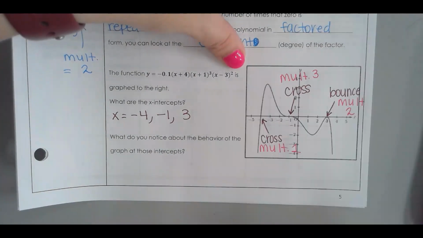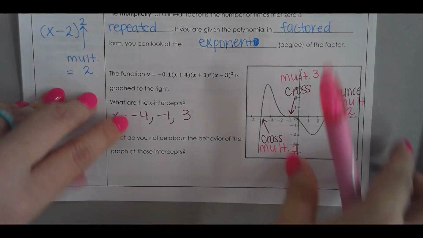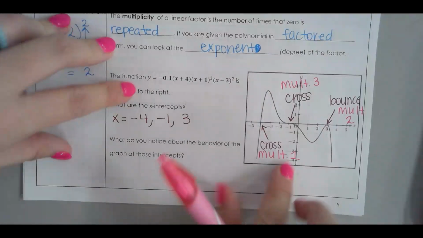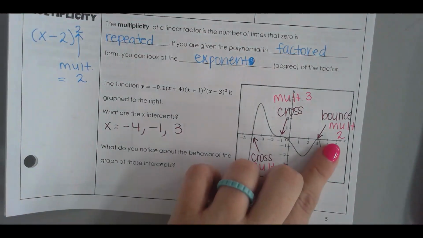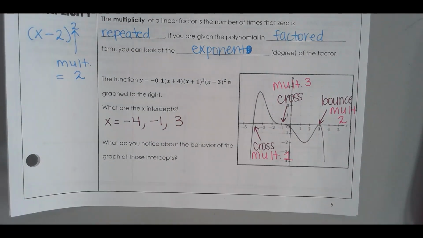Multiplicity is 2. Anytime you have a 2, or actually an even number, it's going to bounce. If you have an odd number multiplicity, it's going to cross. We did that a little bit in Algebra 2, advanced.